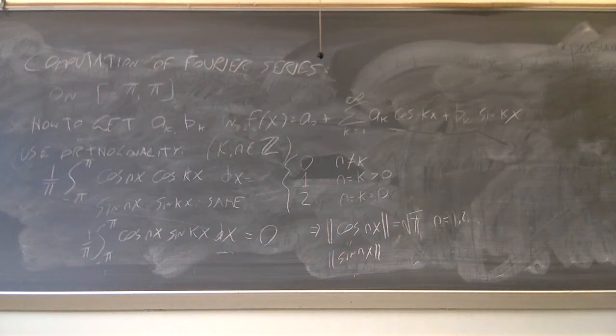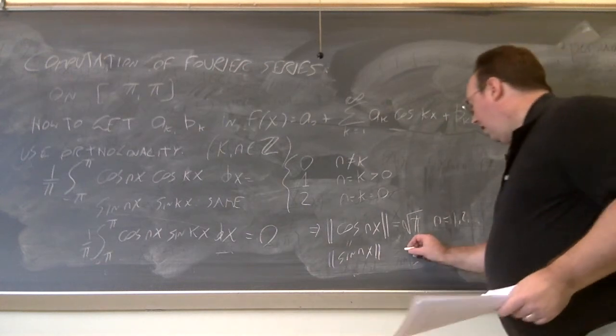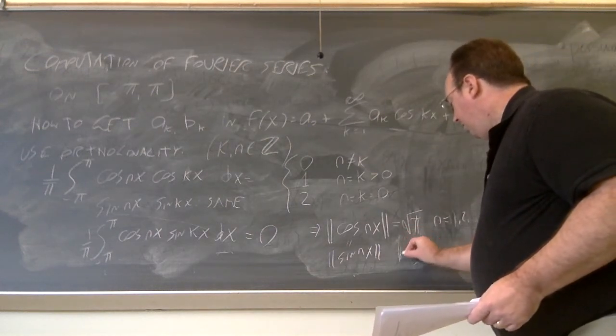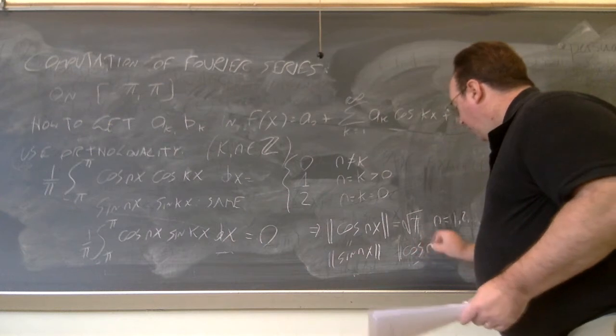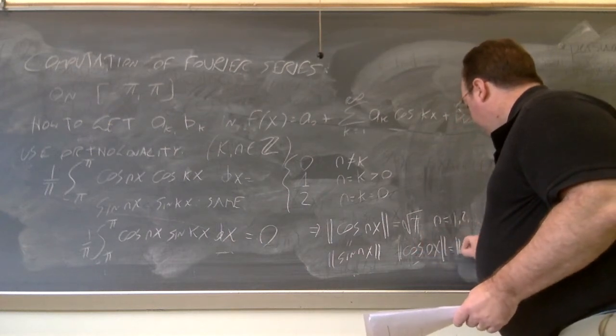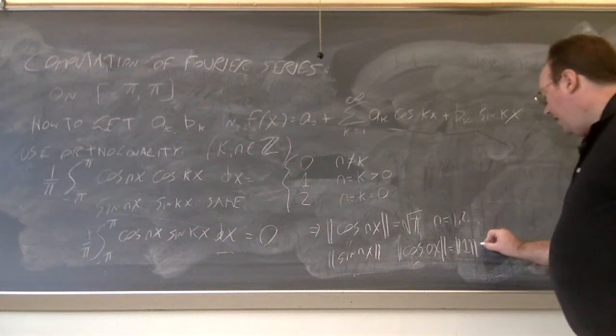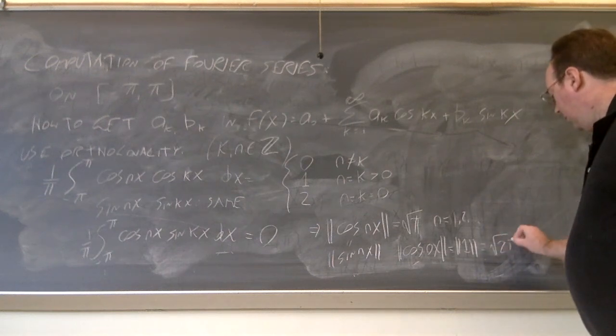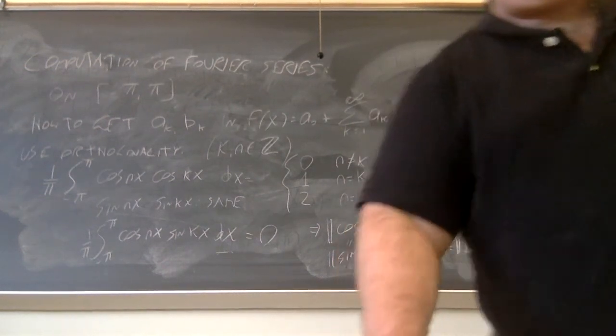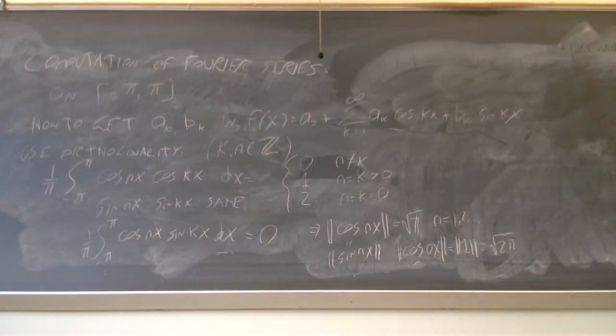Okay, so it's a good thing I talk through these equations at least to make sure that they're right. Dang it. Okay, and so when n is equal to 0, that's the norm of 1, and that is the square root of 2 pi. Okay. All right. So to get an orthonormal basis, we just have to divide by these norms, and we have our orthonormal family of functions.